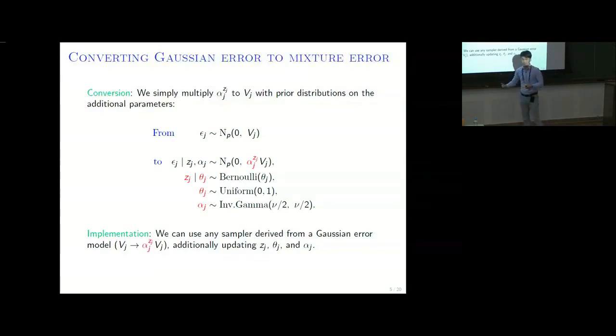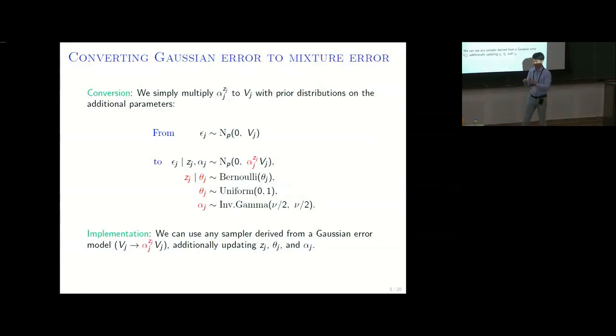Implementing this mixture error model is also very simple. What I need is your sampler based on the Gaussian error model. If you give me your Gaussian error model sampler, I will modify it by replacing the known variance component with this modified variance component.